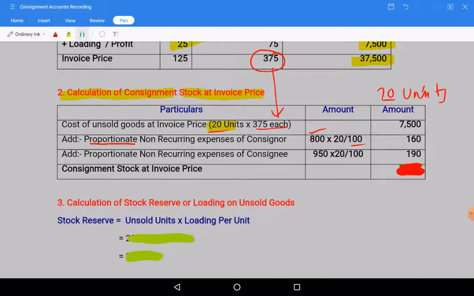So 7,500 plus 160 plus 190, total you will get as 7,850 as consignment stock at invoice price. This we will take to the consignment account.